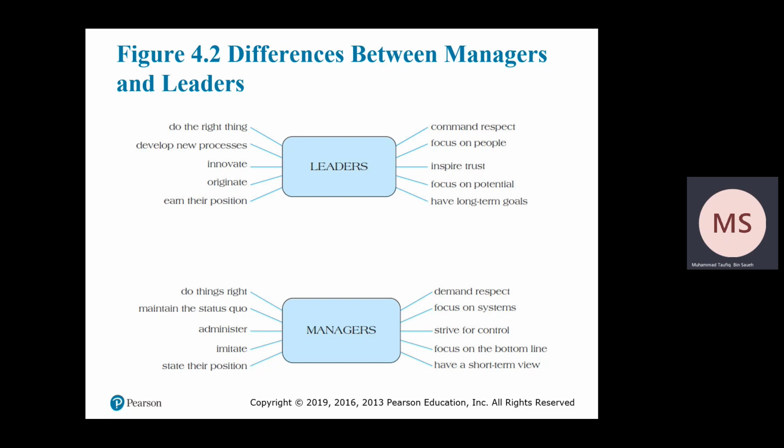Leaders innovate while managers only administer. Leaders originate, creating something new, while managers only imitate, repeating things that are already proven. Leaders earn their position while managers state their position, and the rest. You can read through the figure.